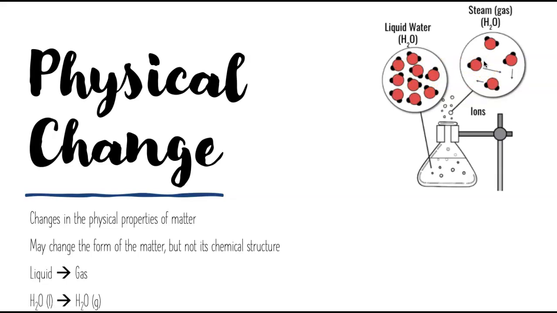Again, we have not changed the chemical nature of the molecules. So they're the same molecules, we're just changing them into a slightly different form. So this is an example of a physical change, a liquid becoming a gas. We could write that right here at the bottom of your screen on the left. You see liquid water becoming water that is a gas, or gaseous water.